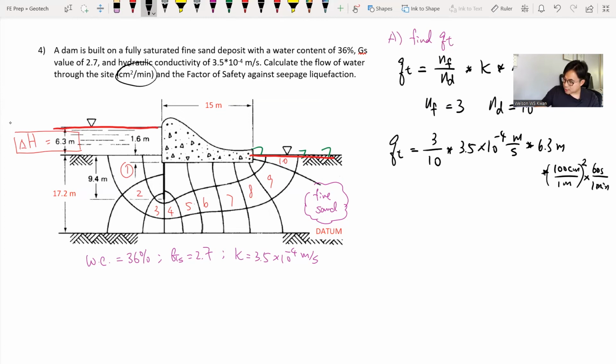And we realize the units cancel out. So it's very important to check ourselves that we eventually get to the units we want. At the end of the day, our answer is about 4 centimeters squared per minute.